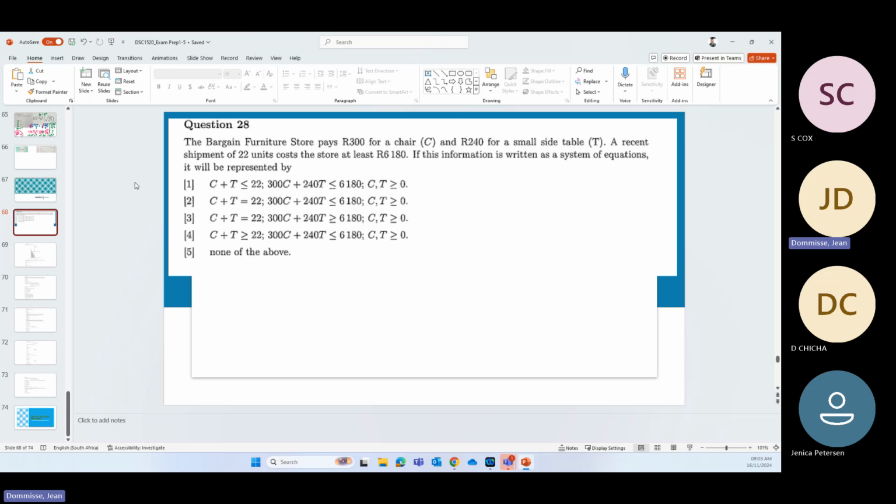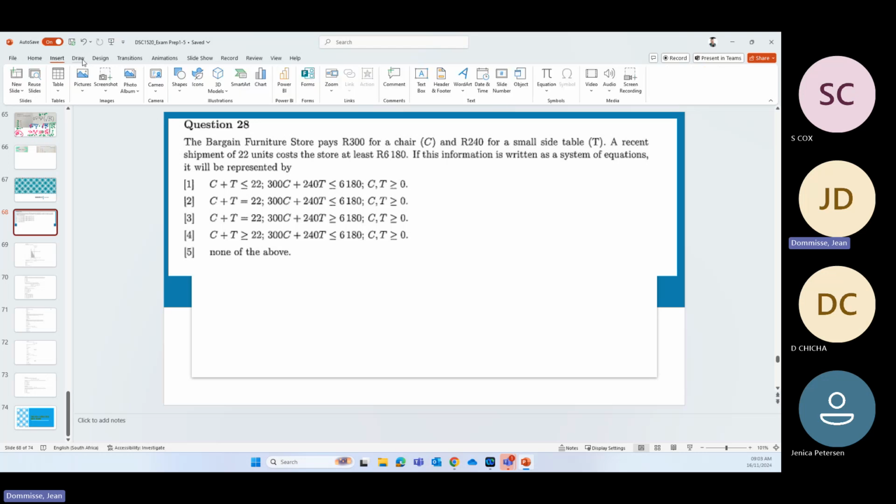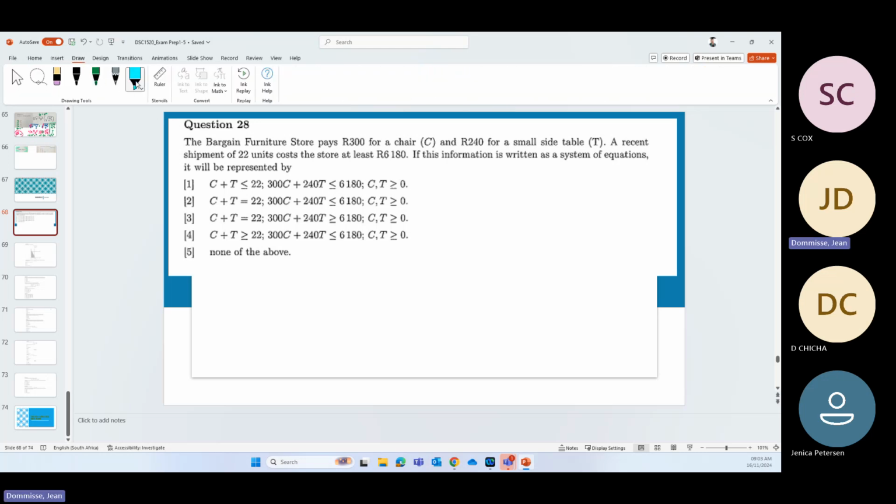Okay, so let's look at this question. We're looking at a bargain furniture store that pays 300 for a chair, then they pay 240 for a small side table.